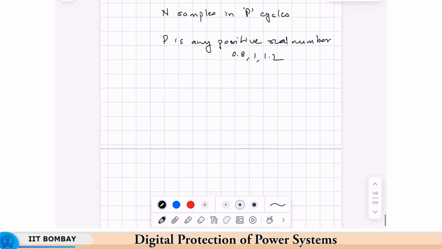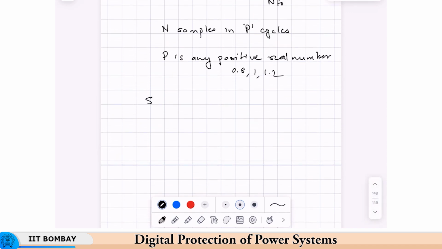Now, the sampling time is N into Ts equal to P by f naught.